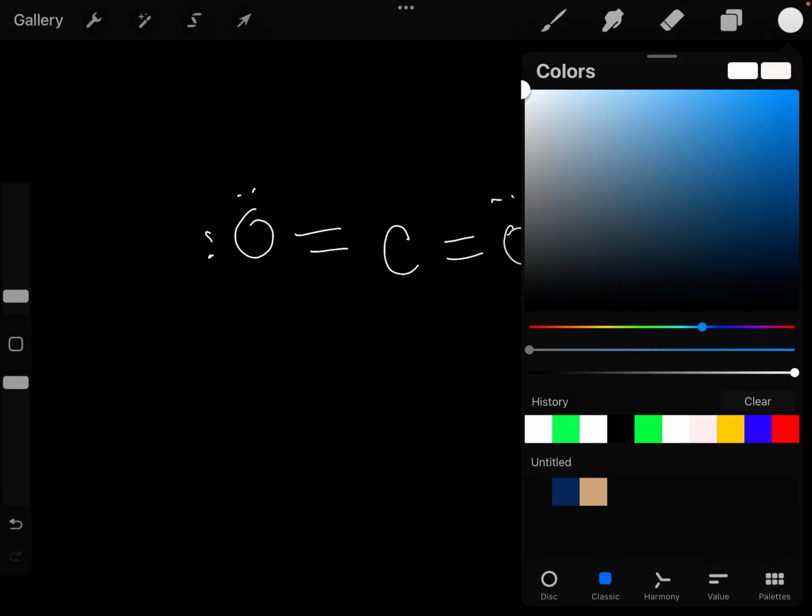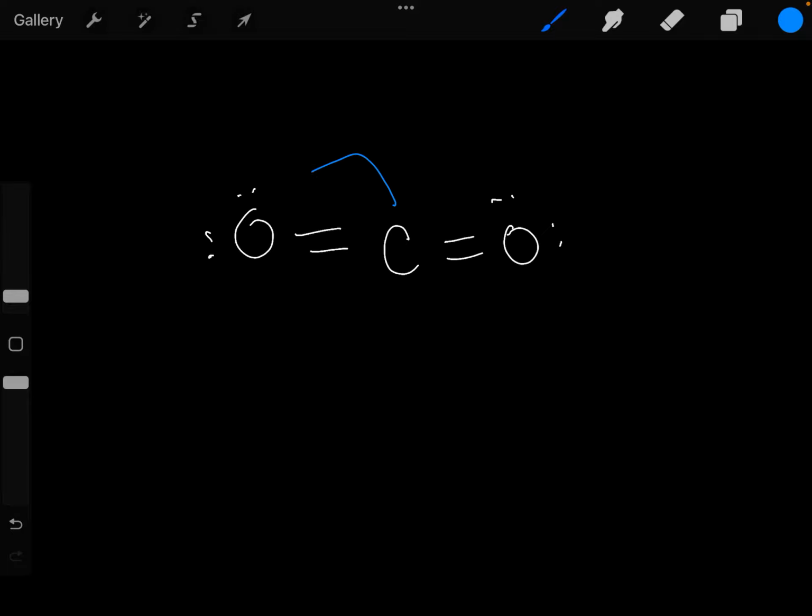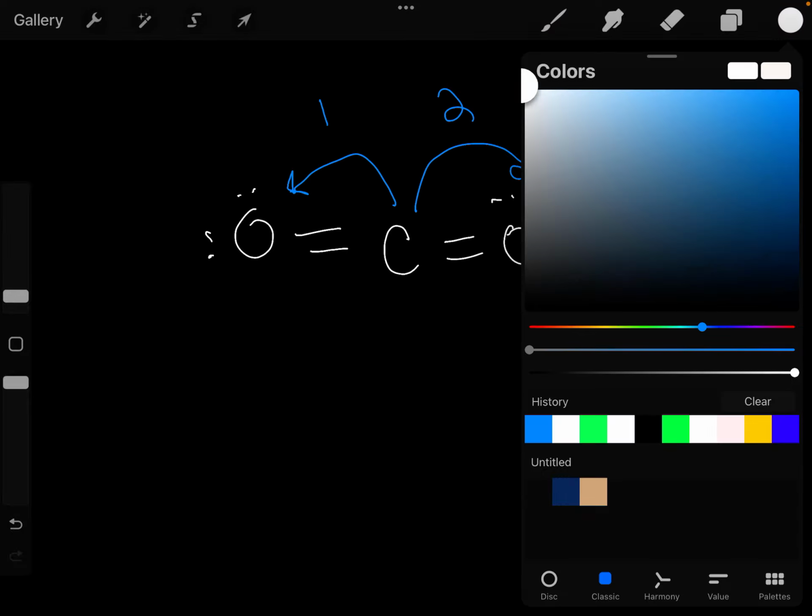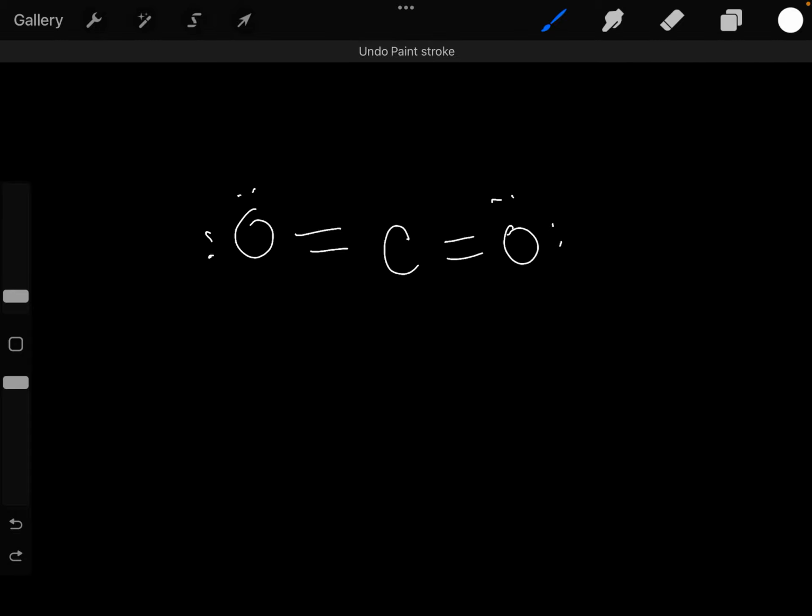Now, what about this one? This one should be carbon. So let's look for connections. Carbon is connecting to this oxygen, and also to this oxygen. 1 and 2. There are 2 sigma bonds.